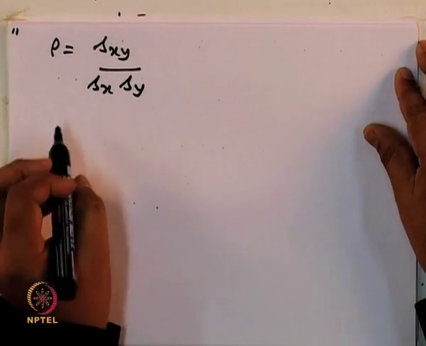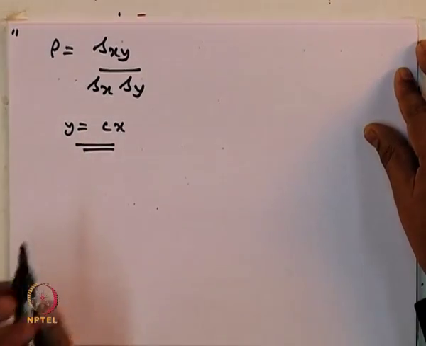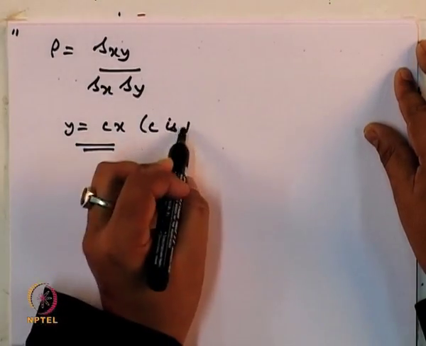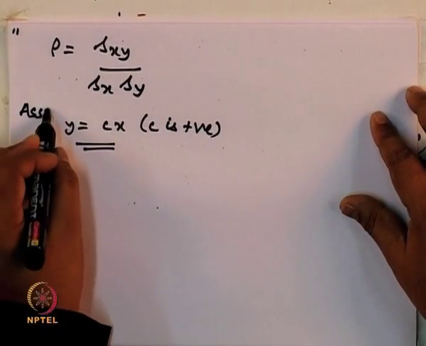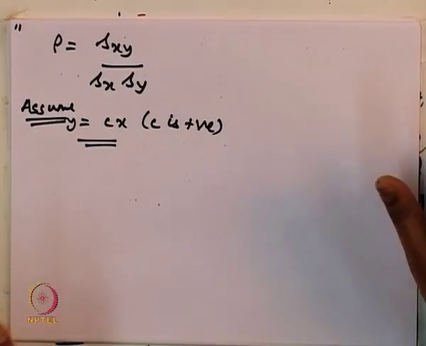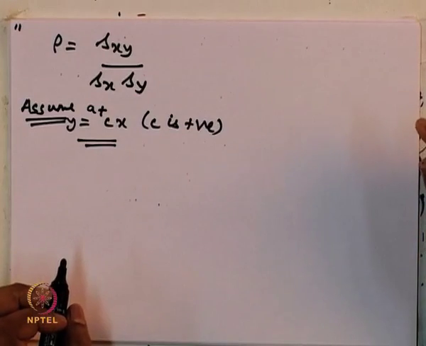Let us assume y as Cx in this case, where C is positive. Okay. So, we assume a very strong correlation. In fact, we can also assume A plus Cx to make it more general.